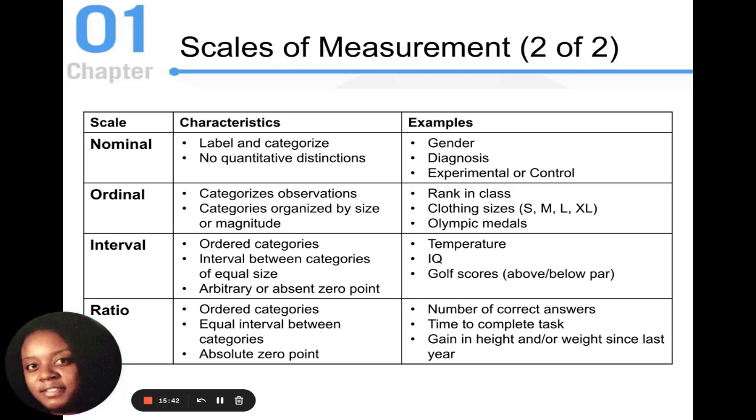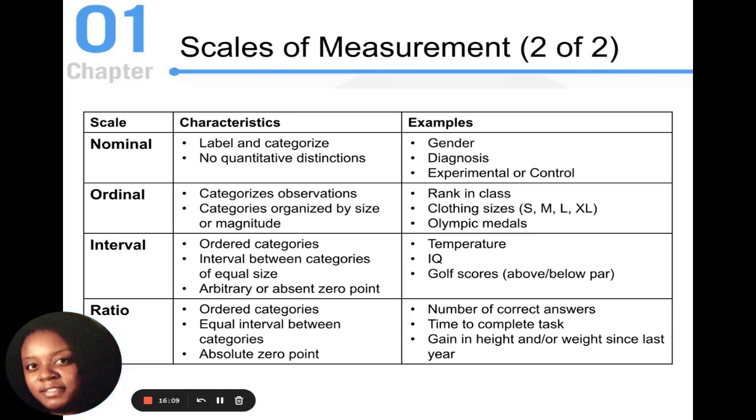Those ordinal scales are going to be categories of observations like rank or size. Intervals will have to do with ordered categories or specific intervals of categories like temperature, IQ, or a golf score. And then ratios have to do with equal intervals between categories and with an absolute 0 point.